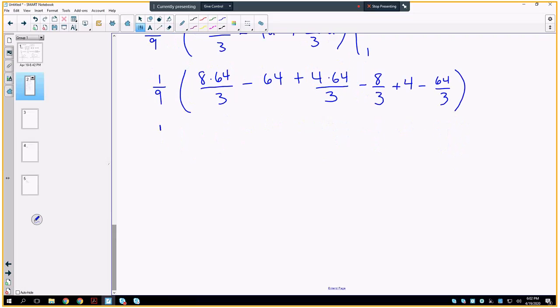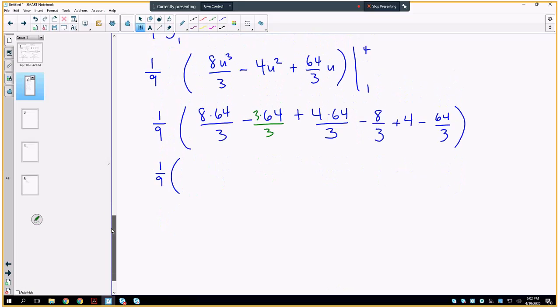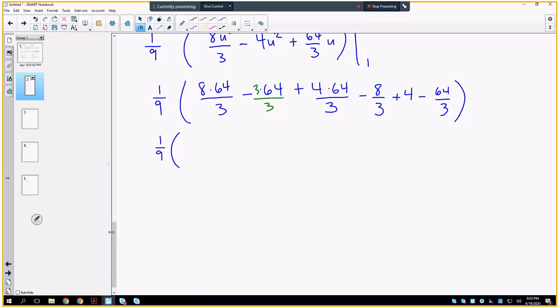So I still have 1/9 outside. And I'm going to go ahead and make this 3 times 64 over 3. So I end up having 9 over 3 times 64, which is just 3 times 64. Because I had 8 plus 4 is 12, minus 3 is 9. 3 times 64 plus 4 minus 64 over 3 and minus 8 over 3 is minus 72 over 3.